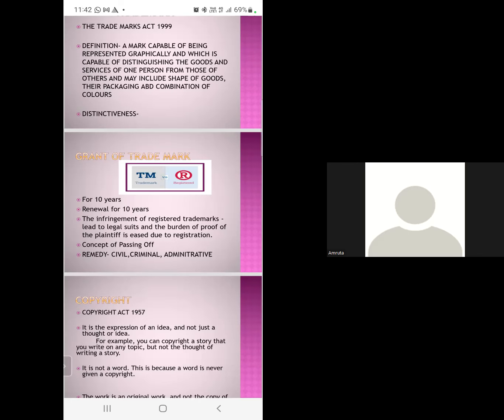Who is going to prove that there is infringement is on someone who has filed a case, who is asking for the remedy. That is you, because your trademark has got infringed. In that case, if your trademark is registered, then it is very easy to prove that there is infringement.